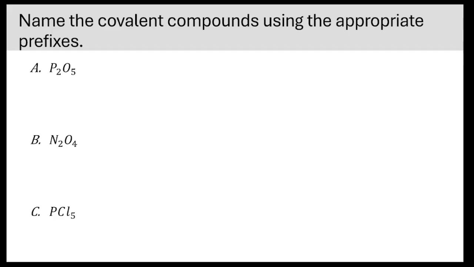The naming convention for a covalent compound was prefix plus first element, then prefix plus second element, and the second element will be in ide form. There are 2 of the first element, so it should be di.